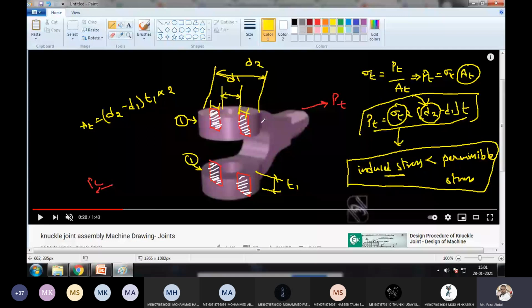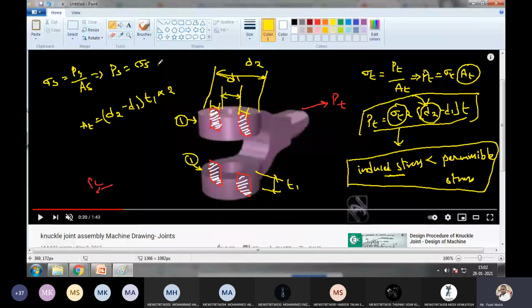But instead of sigma T, the equation changes to sigma S, because the title indicates shear. So the respective stress is shear stress, equal to shear load by shear area. The equation becomes PS equal sigma S into AS.